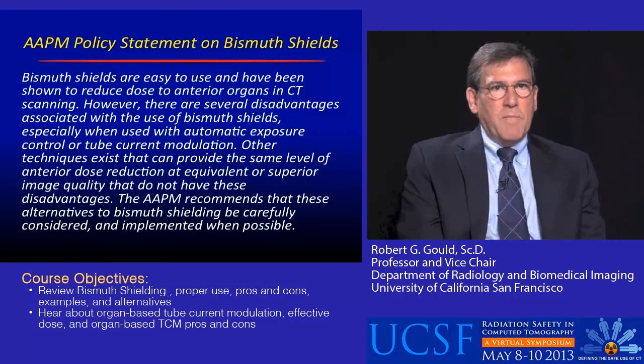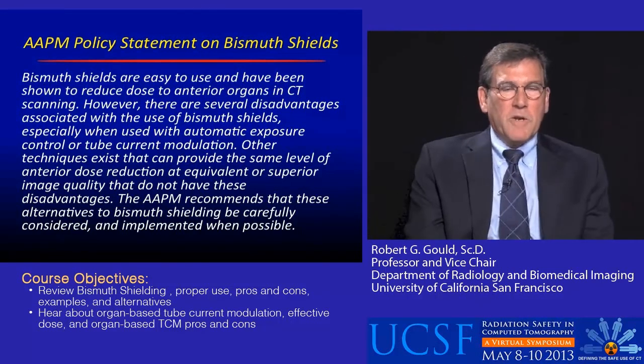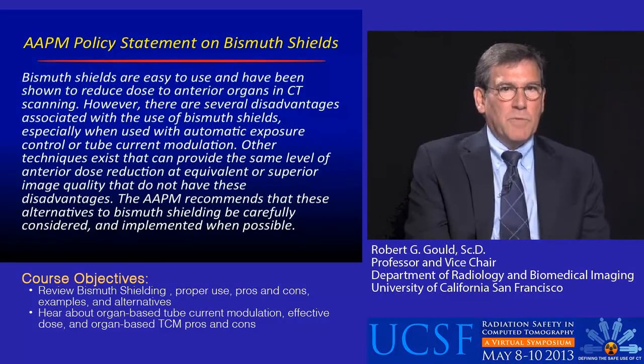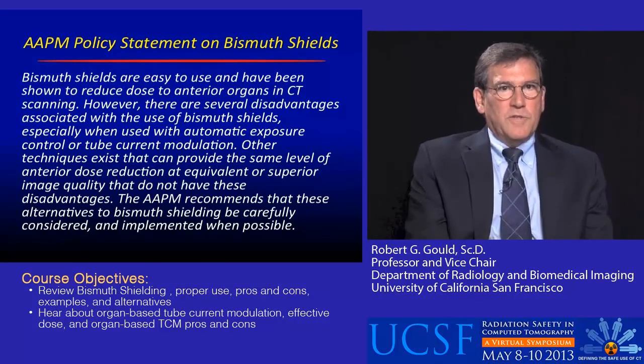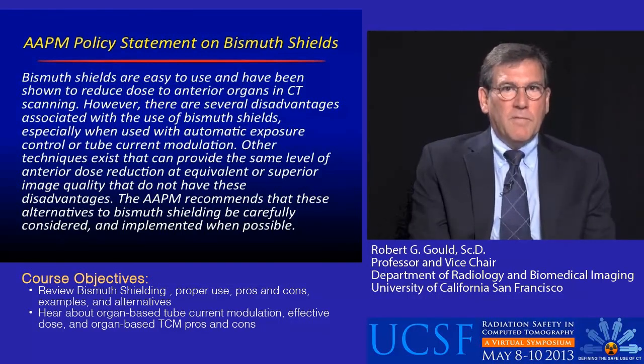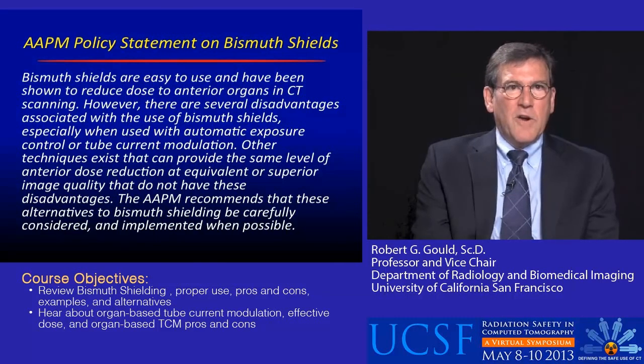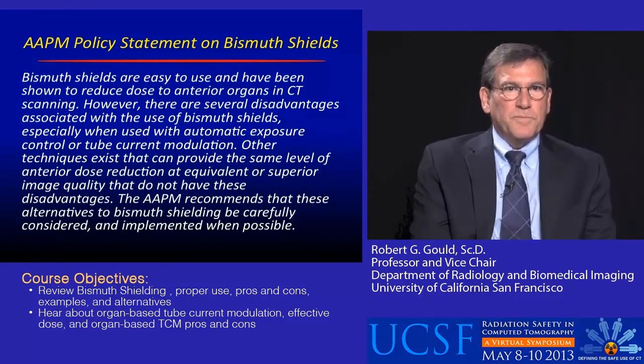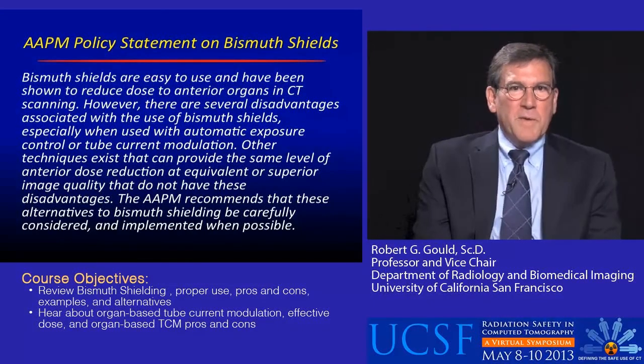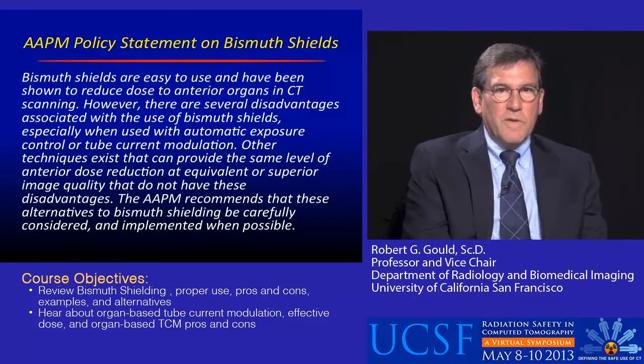However, the AAPM, the American Association of Physicists in Medicine, has come out with a policy statement on bismuth shields, which acknowledges that bismuth shields are easy to use and can reduce dose. But it does also state there are disadvantages. It states that other techniques exist that can provide the same level of anterior dose reduction. That's true.